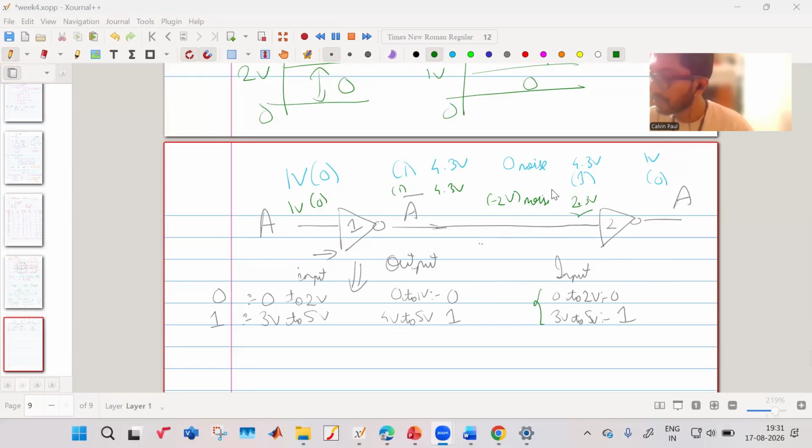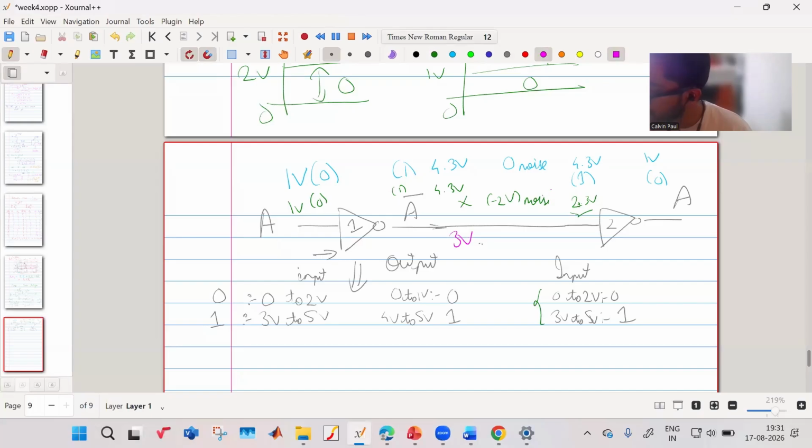Now, how much noise can you tolerate? The worst case is not 4.3 volt.